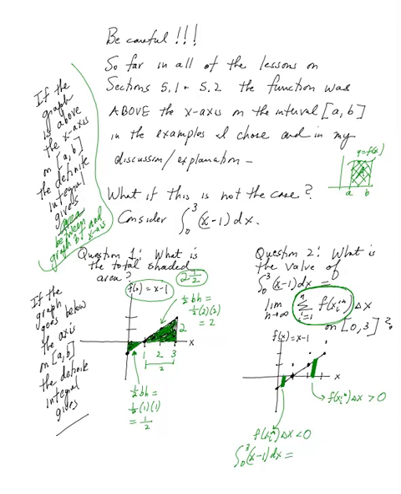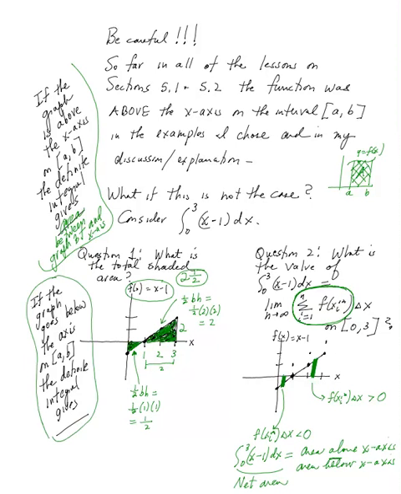It's going to be the area above the x-axis minus the area below the x-axis, which we call net area. So if the graph falls below the x-axis on the interval a to b, the definite integral gives us net area.